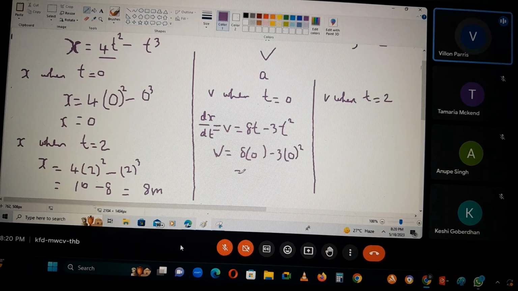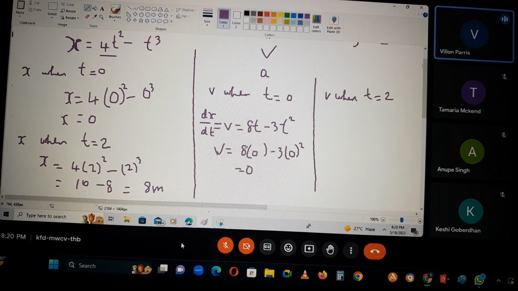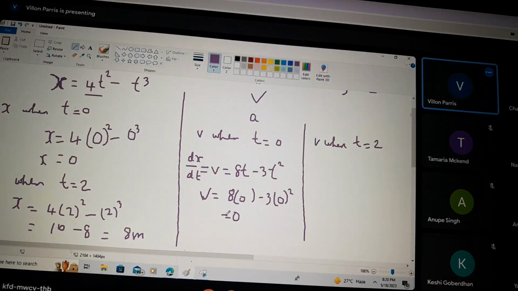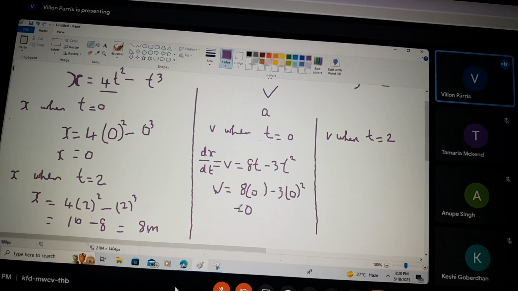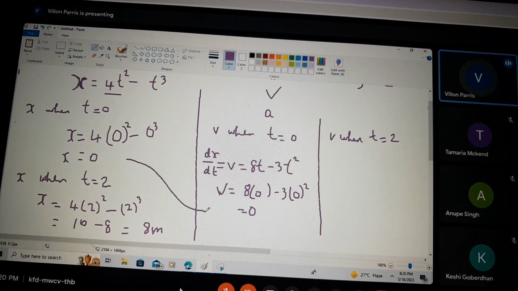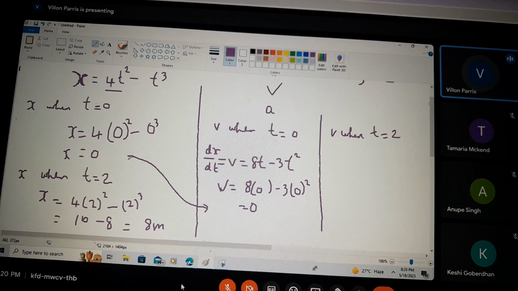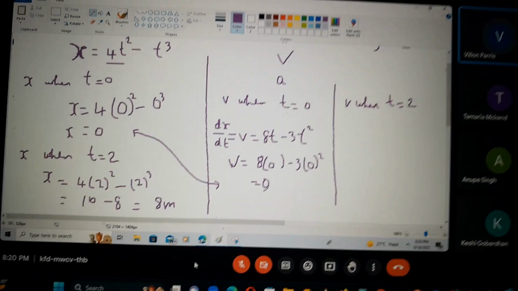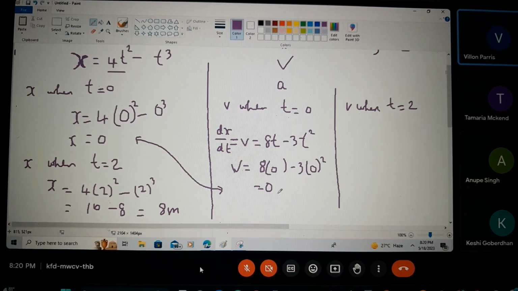Our answer is still 0. So if we have no displacement at time equals 0, we can't have any speed because we're not moving. So it's congruent, makes sense. If the displacement is 0 at time equals 0, then the velocity is also 0, no speed.